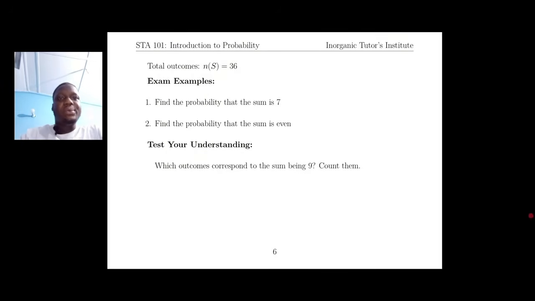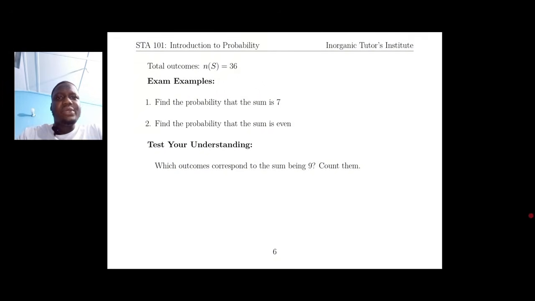As some examples, find the probability that the sum is 7. Find the probability that the sum is even. To test your understanding, which outcomes correspond to the sum being 9? Count them.